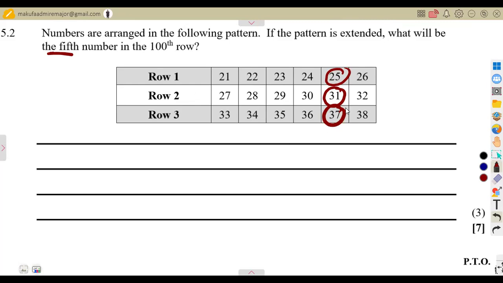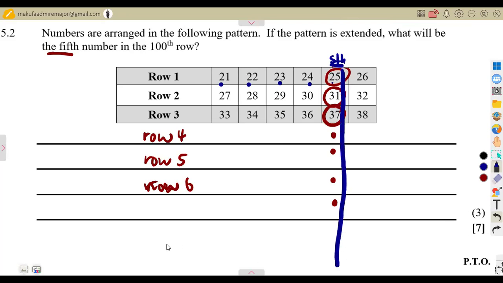They are saying the number that is going to correspond, as these rows correspond. There is row 4 here, there is row number 5, there is going to be row number 6. These numbers are going to form a pattern as the rows are going down. The numbers which are on the 5th position are going to form a pattern up to where we have row 100.